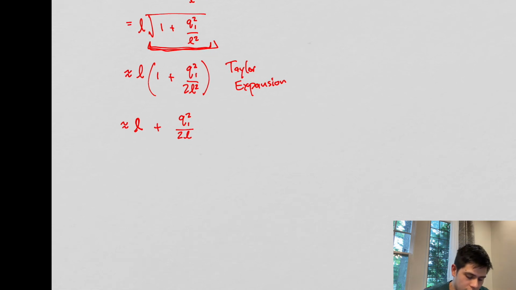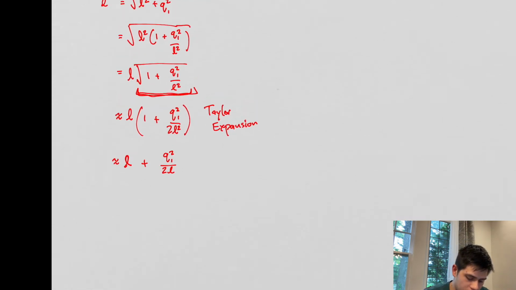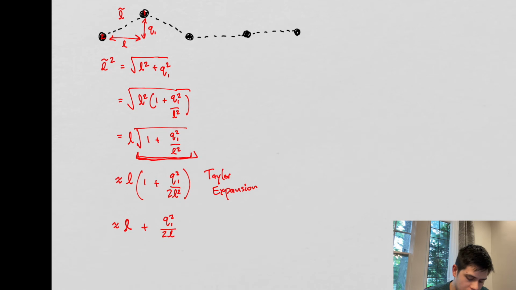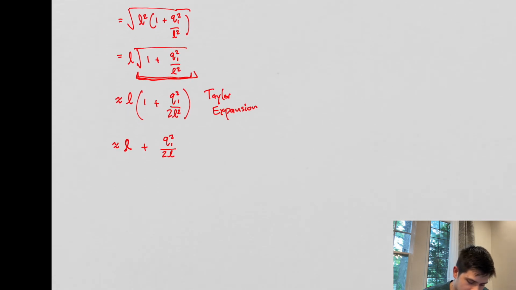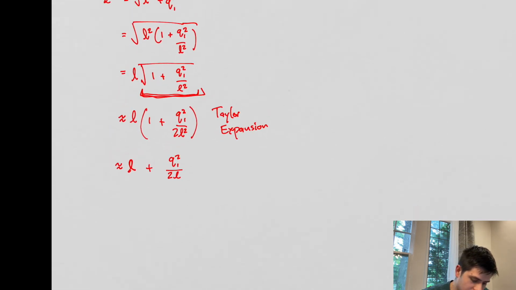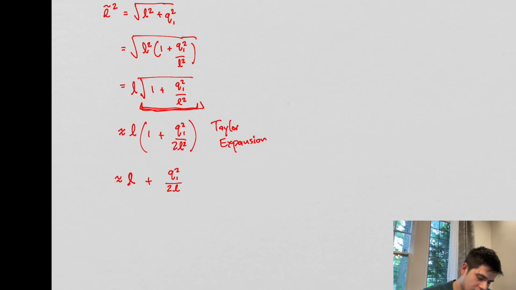Okay, now, what does this mean? If we take a look at this, what did we say that this is equal to? We said that this was L squiggly squared, right?